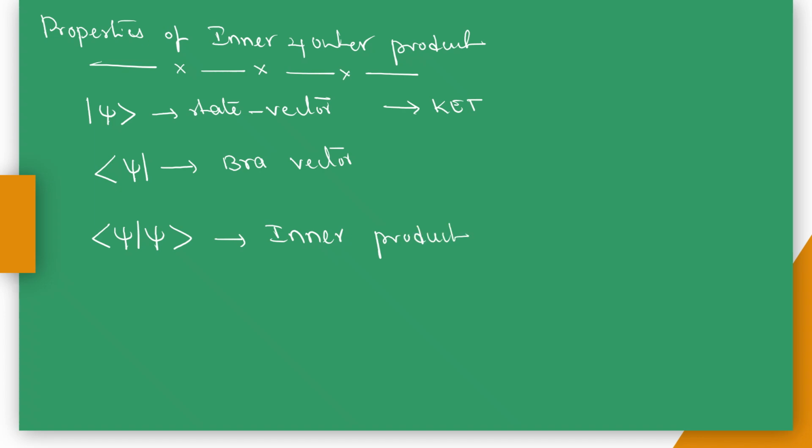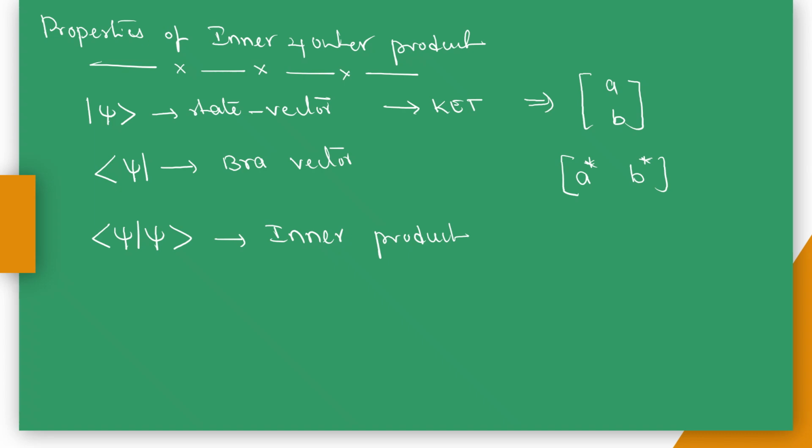For example, in a mathematical way, the bra psi is taken as a row matrix, and the ket I will take as a column matrix.